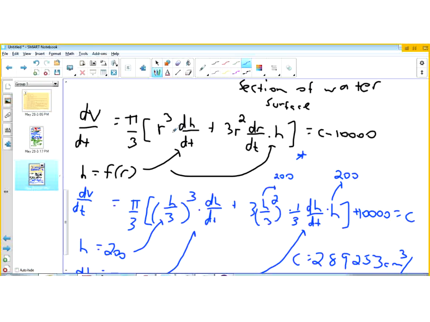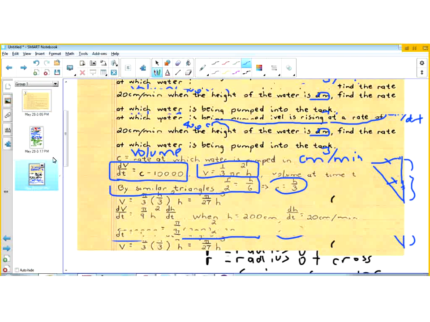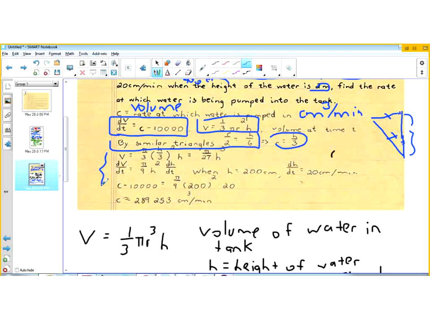The trick, the strategy, is knowing whether to formulate this dV over dt in terms of r or in terms of h. And this statement right here that I've got circled tells you to use h.